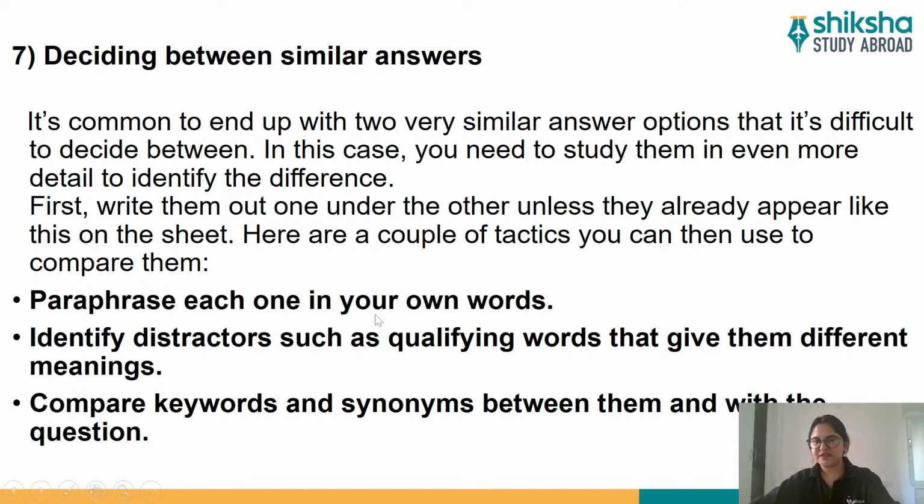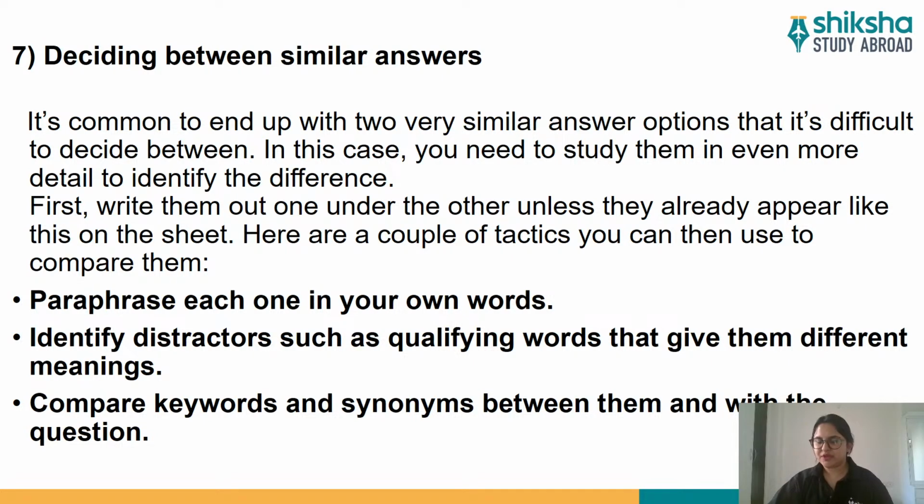So you have to paraphrase each option in your own words, because nothing will be similar in the question as compared to the sentence. Identify the distractors such as qualifying words that give them different meanings. As I told you in the beginning of the PPT as well, distractors or qualifying words can be words like maybe, must, some, few, always, but, however.